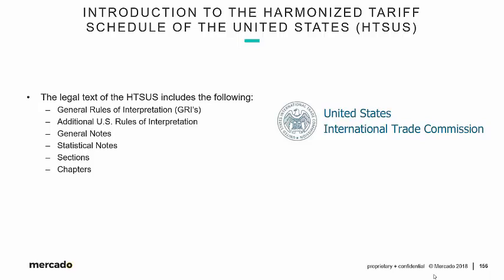What we see in our second sub-bullet point are additional U.S.-specific rules of interpretation. We'll be going over the general notes, statistical notes, sections within the HTS that deal with different commodities, and the chapters within the HTS US that deal with specific commodities.